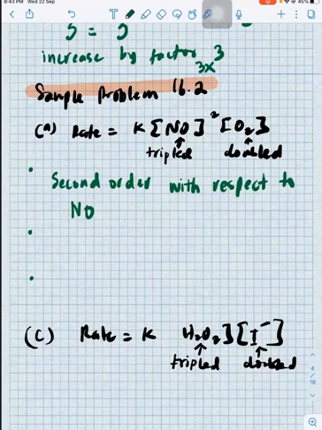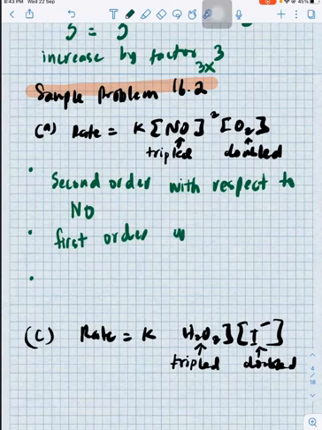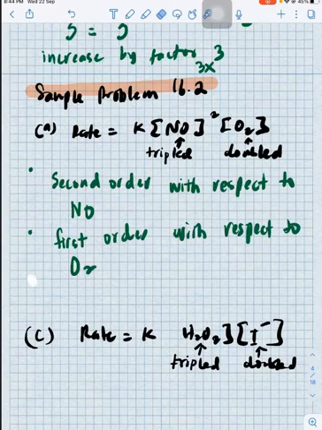Lepas ni pun bila kita buat calculation and after you already calculated the reaction order, so your conclusion, you are going to mention that it is second order with respect to NO. And automatically kalau kita tengok dekat O2 tu, it is first order, right? So kita kena report dia sebagai first order with respect to O2. Okay. Alright, so now that is individual order. Maksudnya order untuk setiap satu reactant secara berasingan.